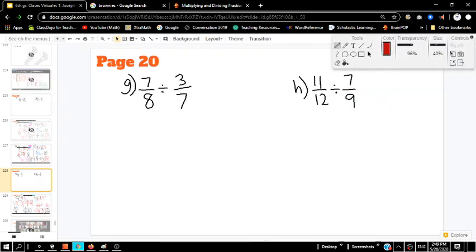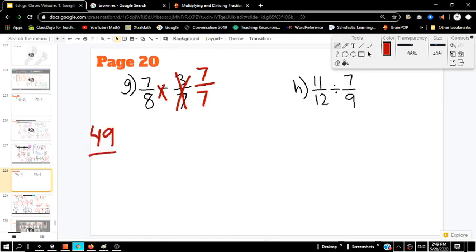All right, so hopefully you pause the video and you're able to do this problem on your own. We're going to check the answers just to make sure you did them okay. I'm going to multiply by my reciprocal in both instances. So we have 7/3, all right? And 7 times 7 is 49.